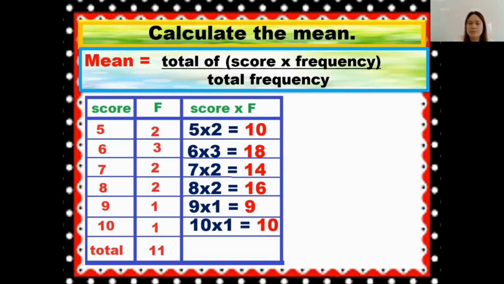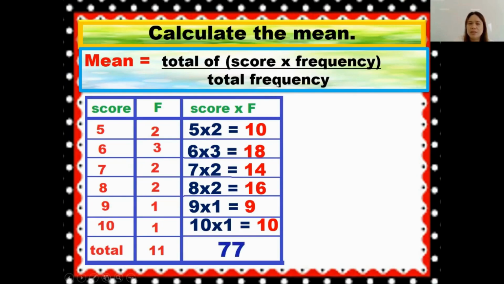Then we need to add: 10 plus 18, that's 28, plus 14, that is 42, plus 16, that's 58, then plus 9, that's 67, plus 10, that's 77.